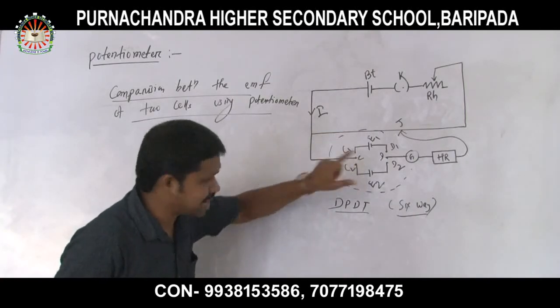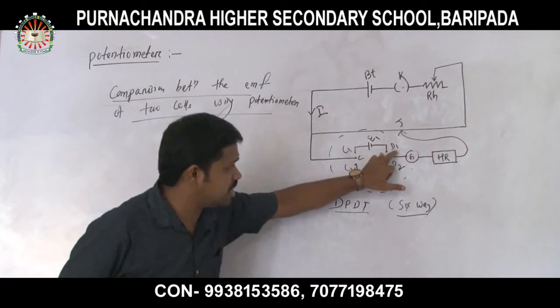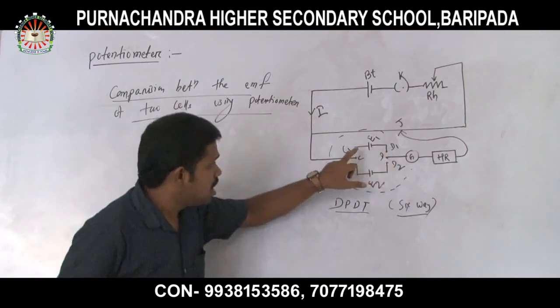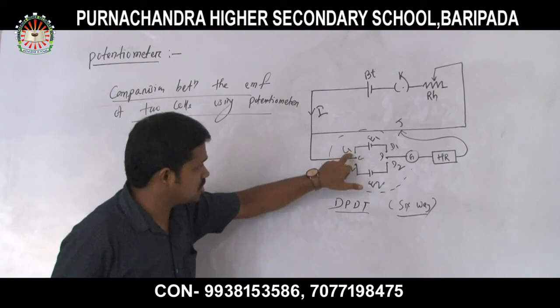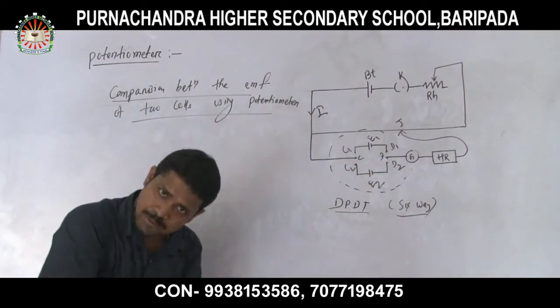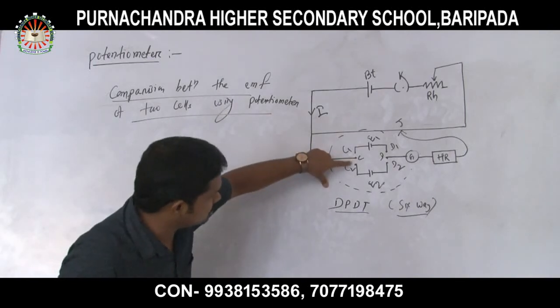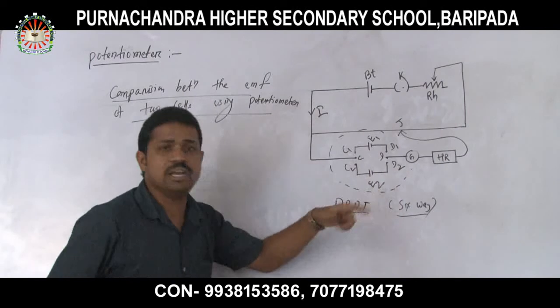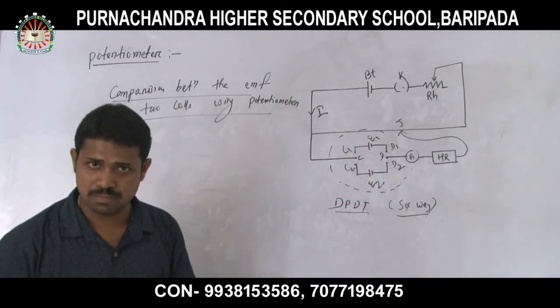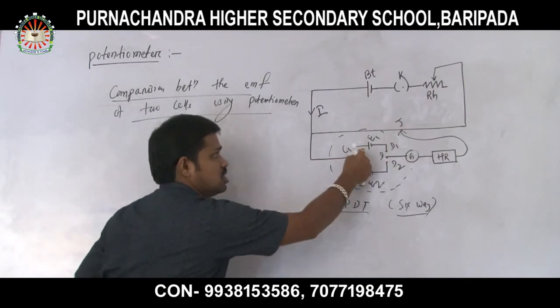Listen very carefully: if we connect the switch to C1 and D1, then E1 will take part. If we connect the switch to C2 and D2, then E2 will take part. Very simple.